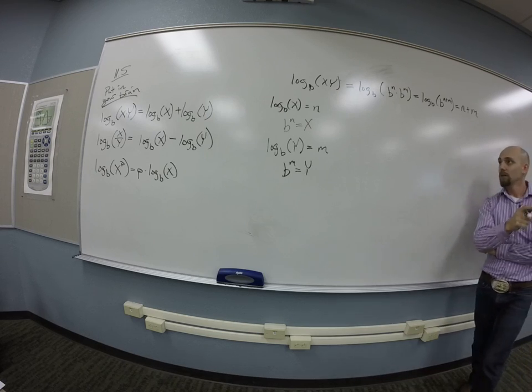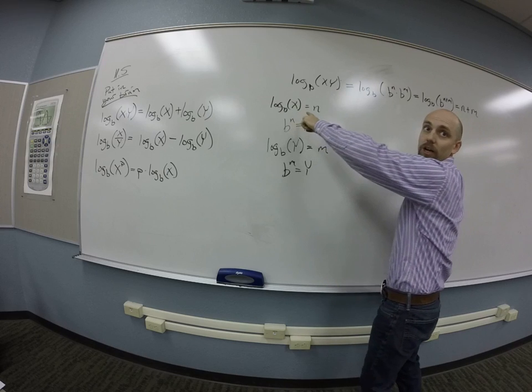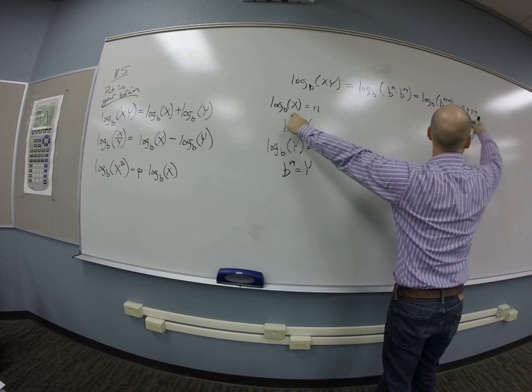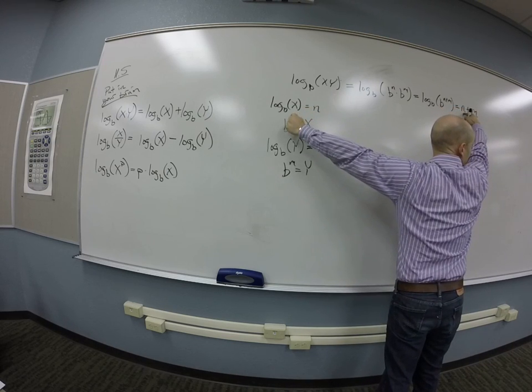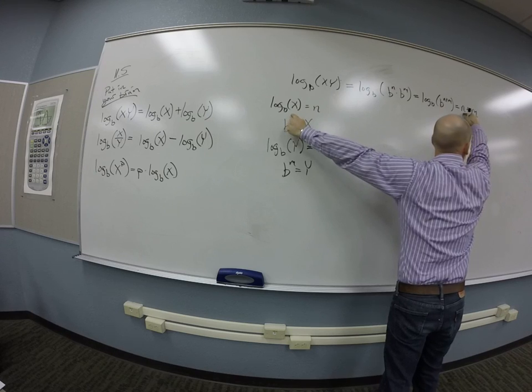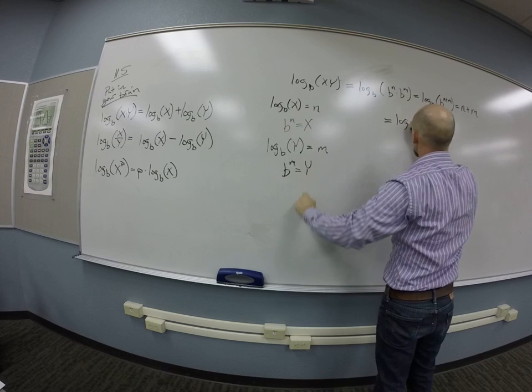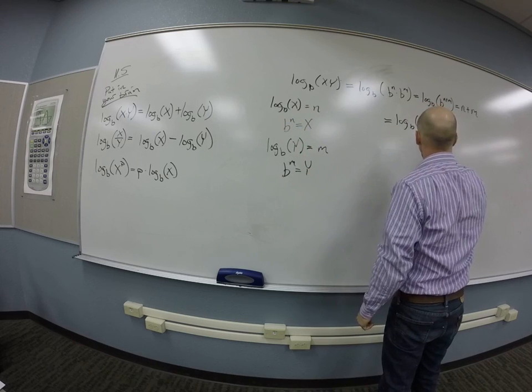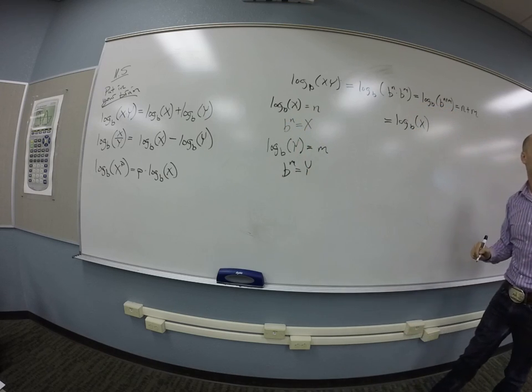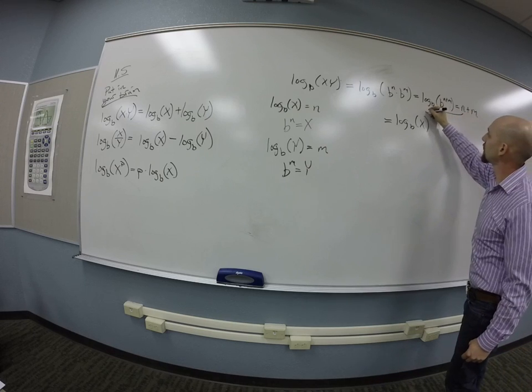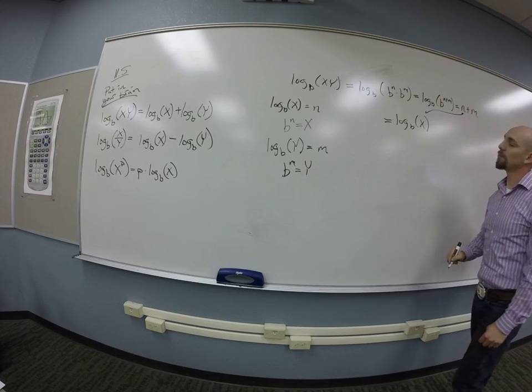Log b of x. Yeah, it was log b of x, right? So I'm taking this thing and I'm putting it in for n. You see that? So I get log base b of x. That's n. And this guy makes that guy, those are the same thing.